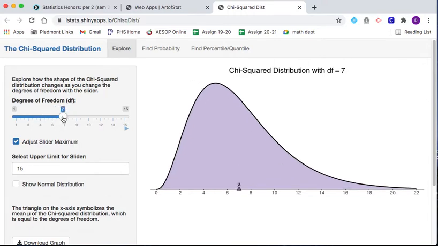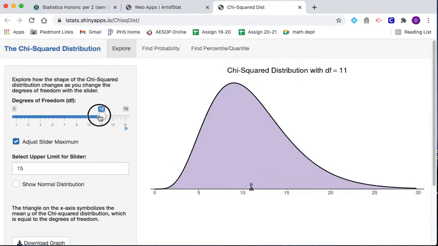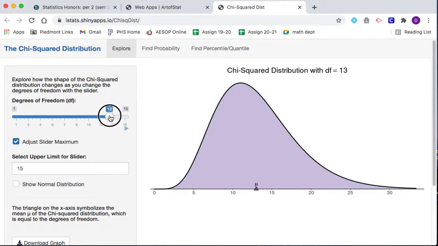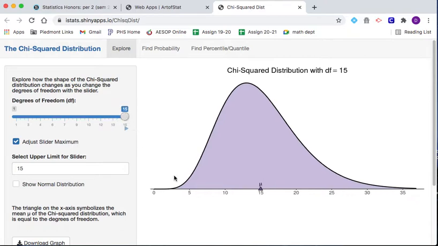I'll start moving a little further now, 8, 9, 10, 11, 12. So the question is, where is it headed? As we add degrees of freedom, notice that the average is moving. Right here I'm at 14 degrees of freedom, and we've got an average of 14. Skewed to the right, but not as severely skewed. Let's take it up to 15 degrees of freedom, and we're there.